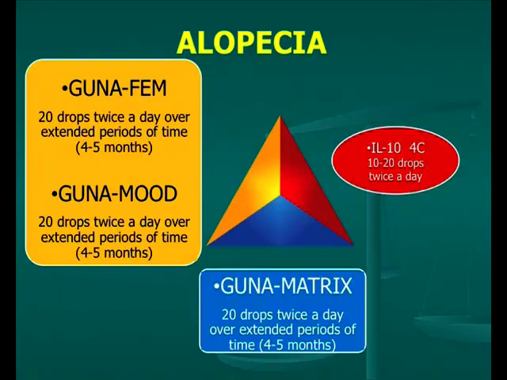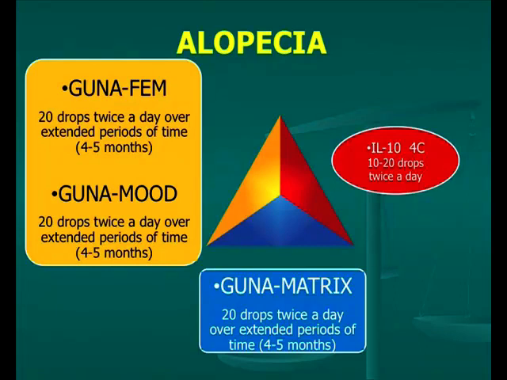It also contains small quantities of phenylalanine and tyrosine, which have an important effect on depression and therefore join with Gunamud and Gunamatrix extremely well. Then, in some cases, if we want to encourage the regrowth of the head hair, in the moment in which the immune aspect is sedated, we can also add Gunafem, because we have to stimulate the aspect of the female hormone line to work on the hair.